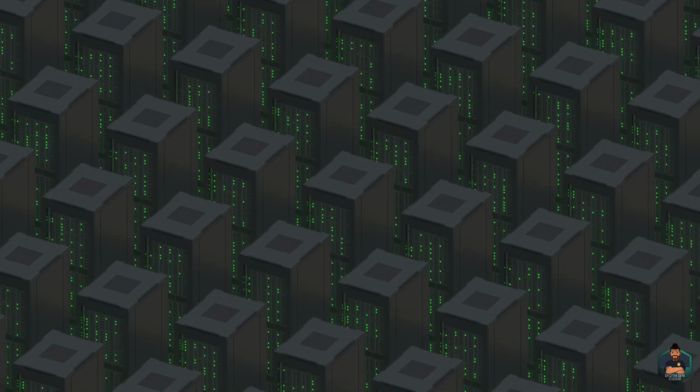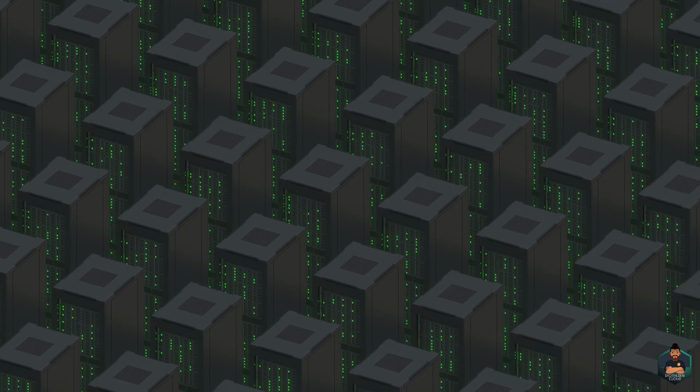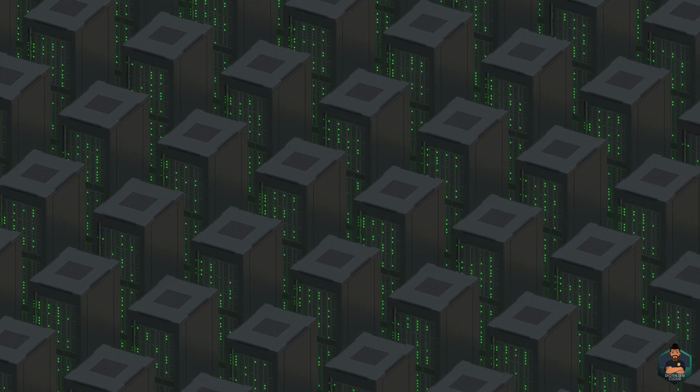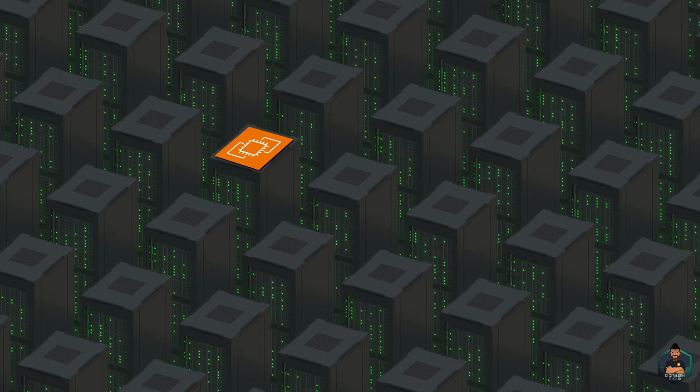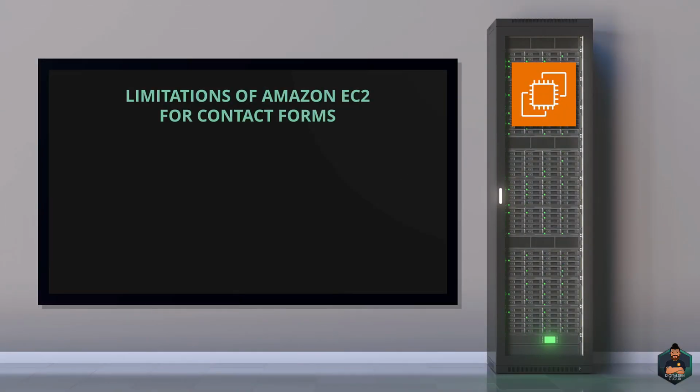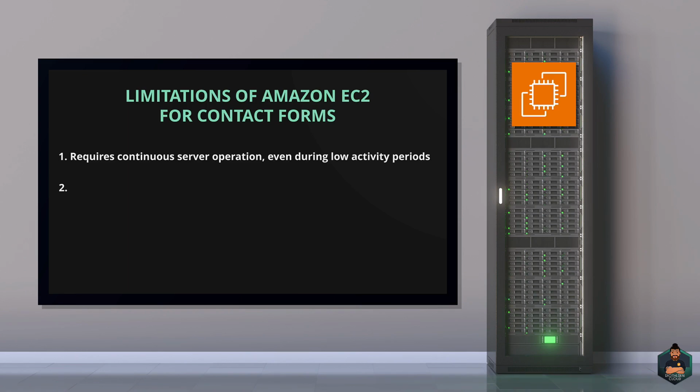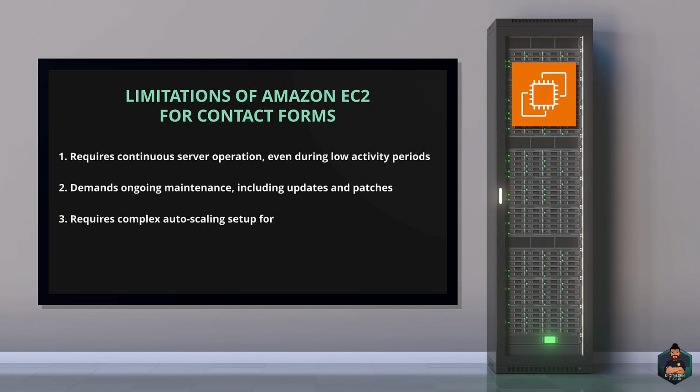A traditional server setup for contact form processing requires 24/7 server provisioning and management. While an Amazon EC2 instance could be used, it comes with several responsibilities, including continuous server operation, regardless of activity levels, ongoing server maintenance, including regular updates and patches, complex setup involving auto-scaling groups and load balancers to manage traffic fluctuations, and finally, constant costs for maintaining minimum infrastructure even during low usage periods.